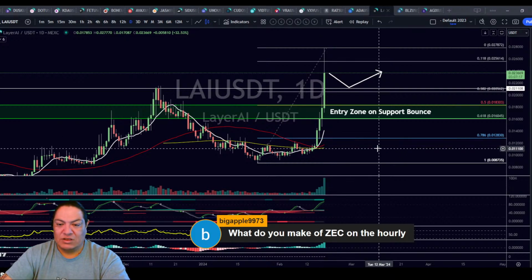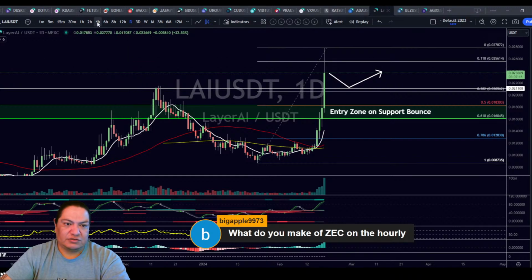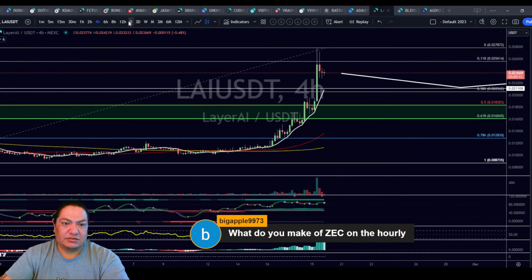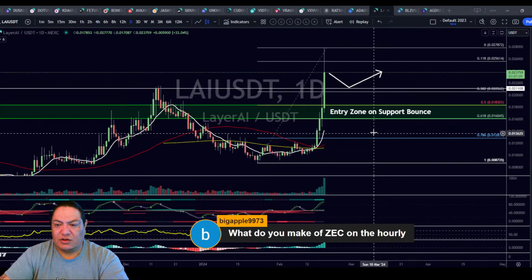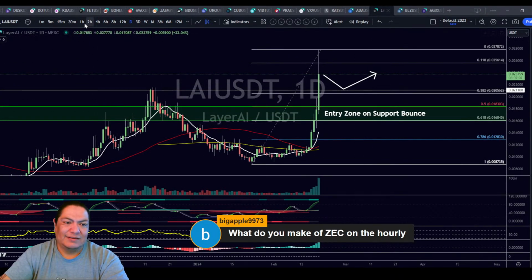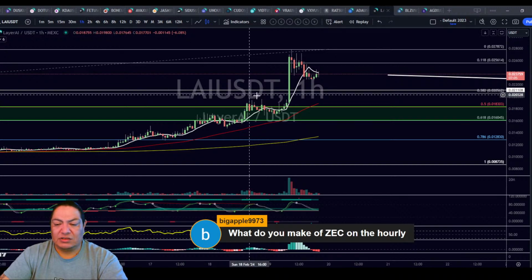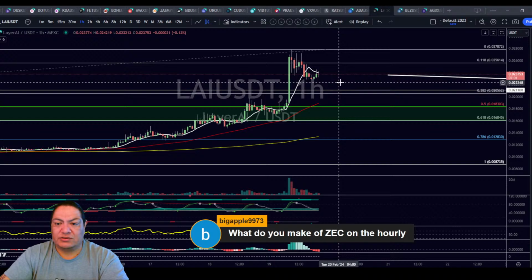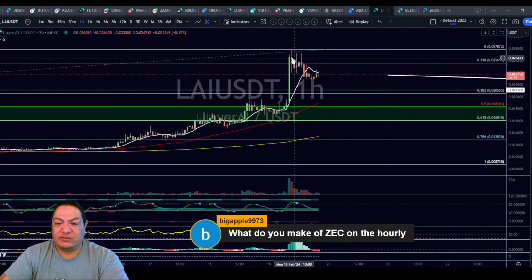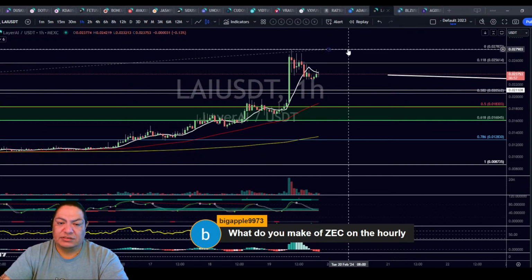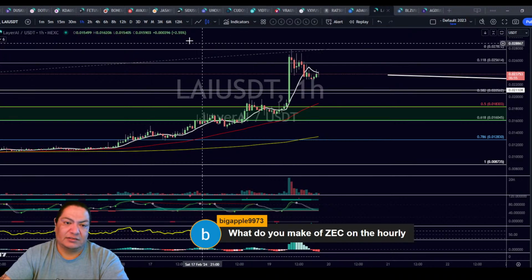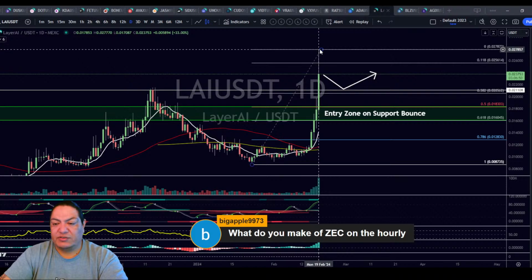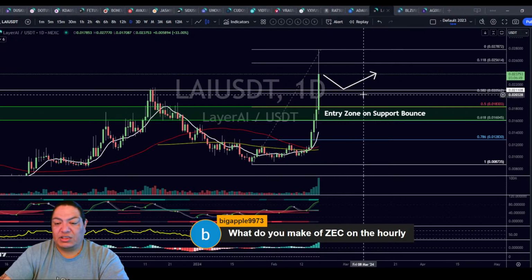So would I enter right now? No, let's go to a 4-hour time frame. No, so definitely no, I would just wait. I'm trying to see where I would enter. It would have to break above this level up here, which would be the high. It'd have to break above this level for me to think about entering.